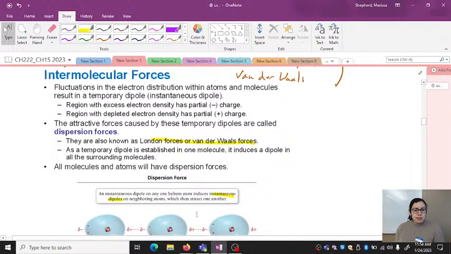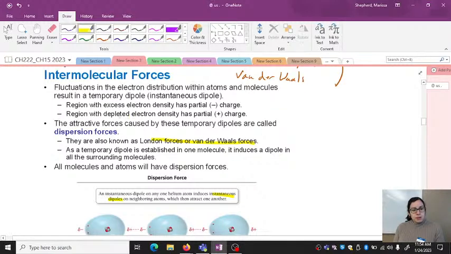And so if we go back to the text, again, this is just a snapshot. You could have a region with excess electron density, and anything with greater electron density is going to have a partial negative charge, just temporarily as it moves around.